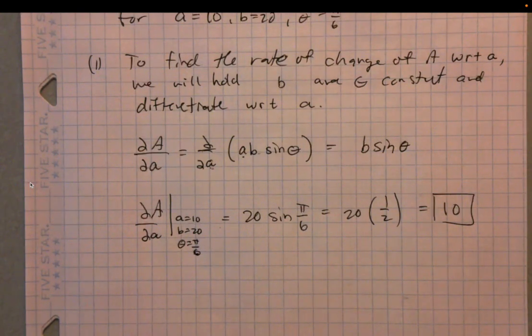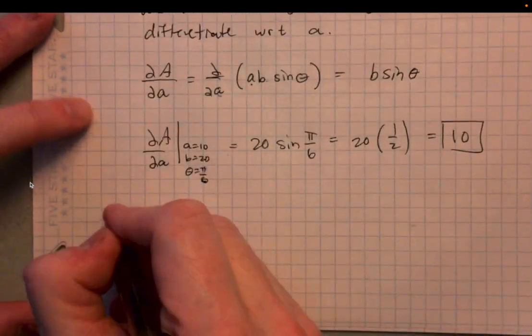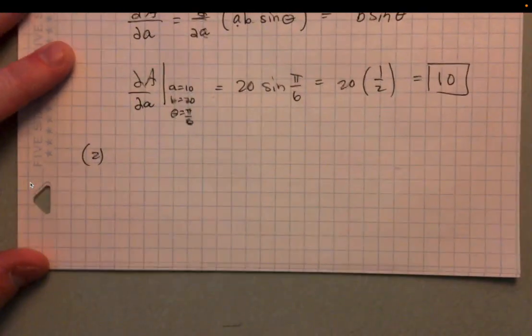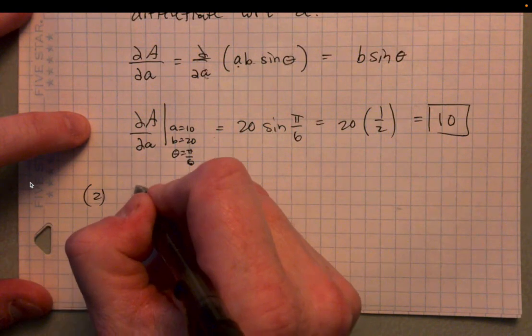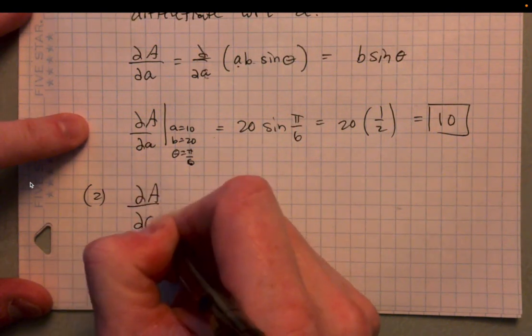All right. What about for 2? Well, very similar. With 2, to find the rate of change of the area with respect to theta, we're going to hold A and B constant and differentiate with respect to theta. So instead we'll do del A del theta.